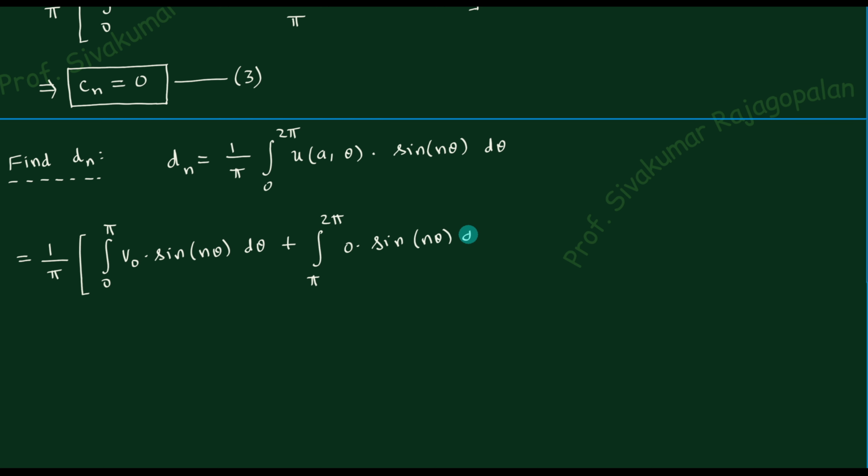Because of the zero potential, at least for that reason, some of the integral is simple. So we have to only evaluate the first integral. So the integral of the sine is minus, right? Minus cos. Okay, but I think that is not n pi. That should be n theta, right?